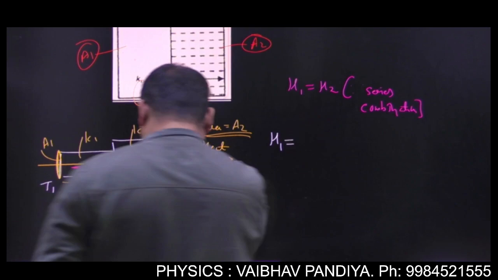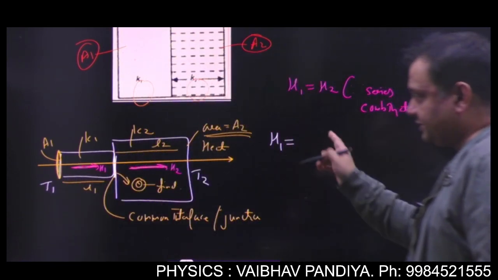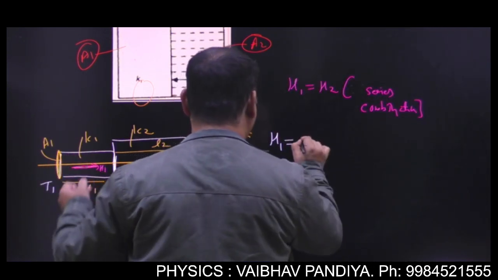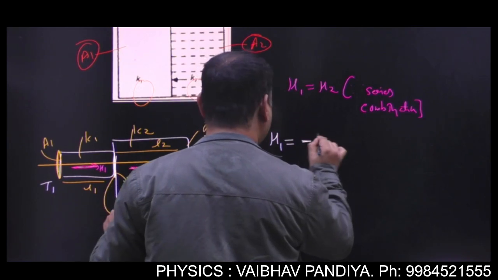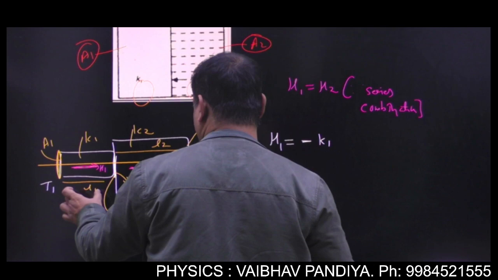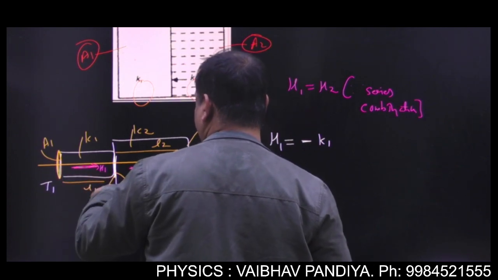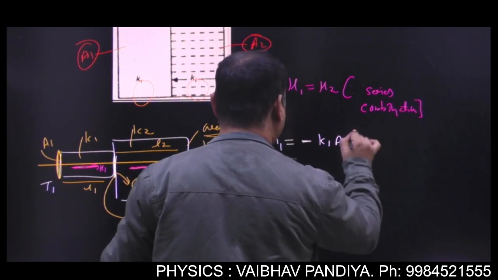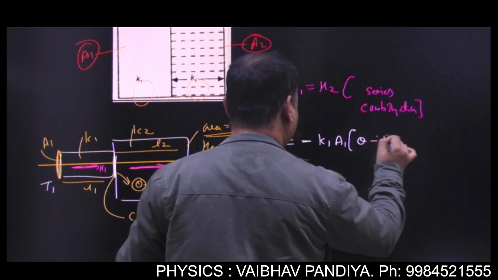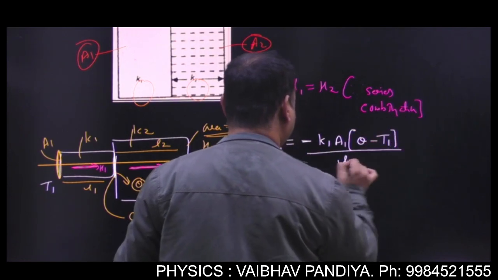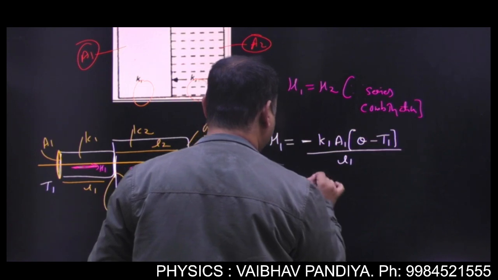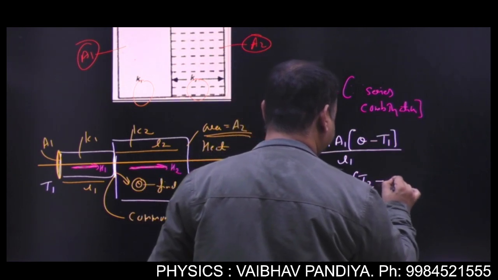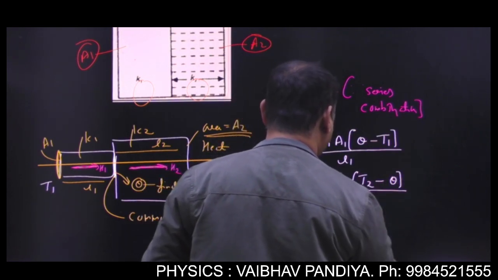I'm applying the thermal current equation, Fourier law with algebraic sign, so I'll put a negative sign, the conductivity K1, area A1, final temperature theta minus T1, divided by L1. And what will be H2? Conductivity K2, area A2, final temperature T2 minus theta, divided by L2.